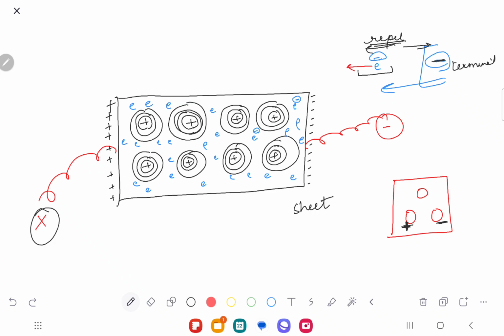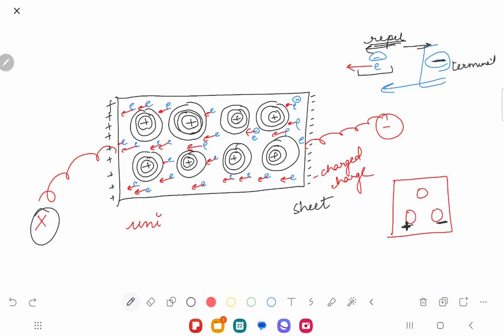Because of this negative charge which has developed here, these electrons shall be pushed forward. Now they are moving in a single direction, so nobody is cancelling each other's motion. They are all moving in a straight line.